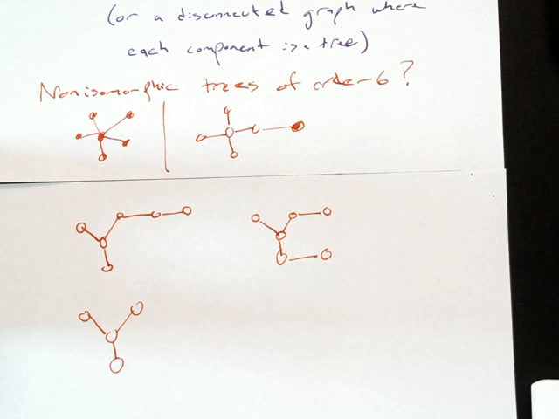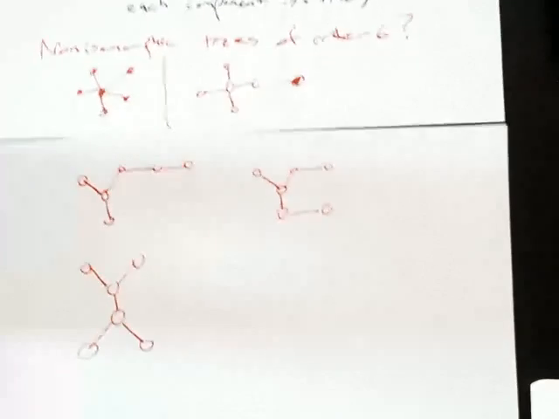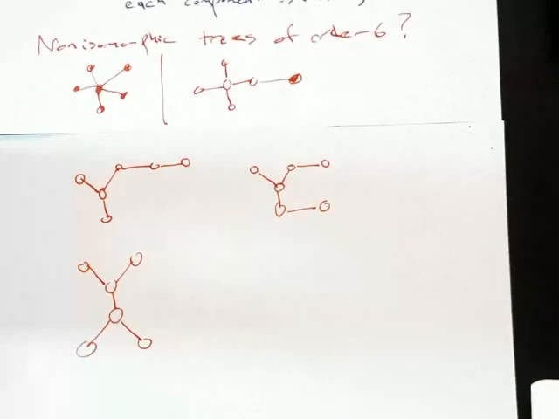It's going to be isomorphic. I could attach both of them to the same vertex rather than two different vertices. And that turns out to be it.